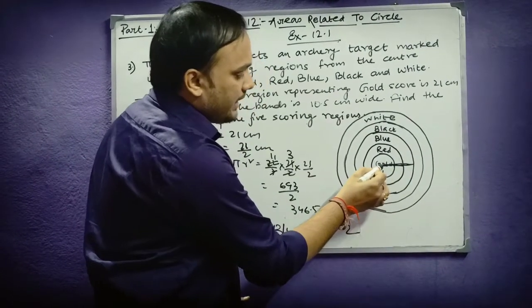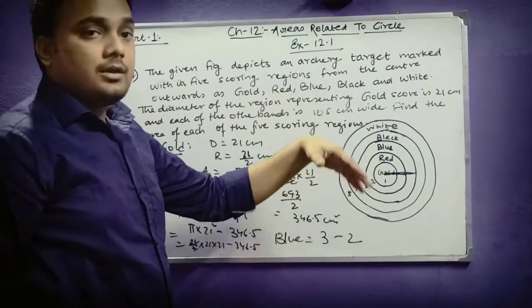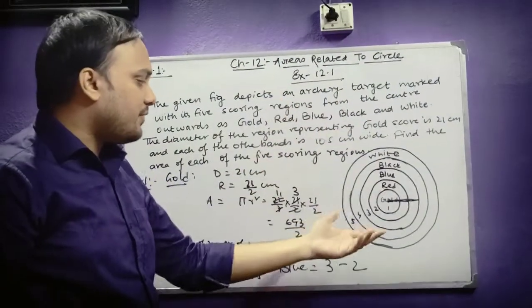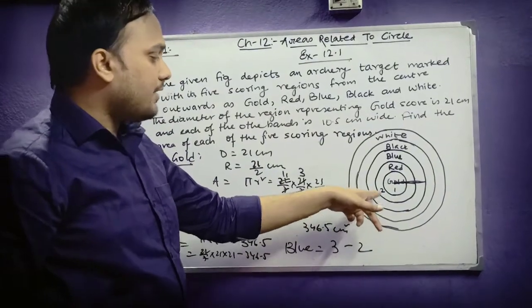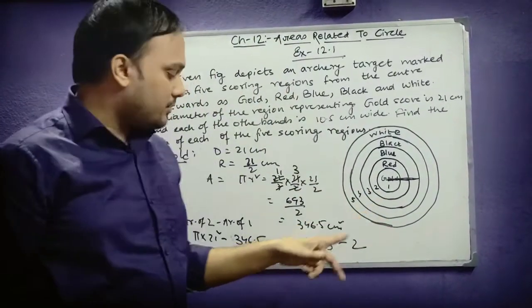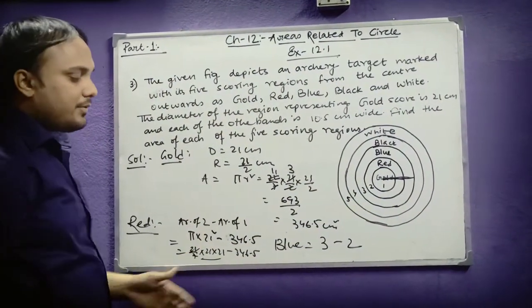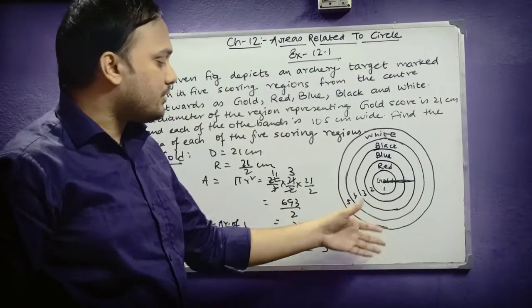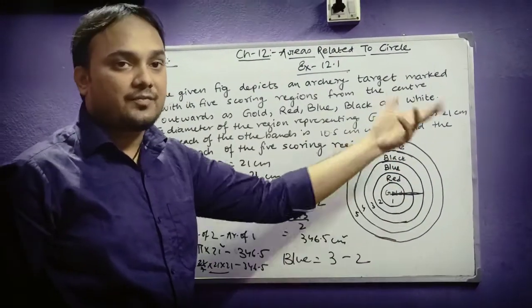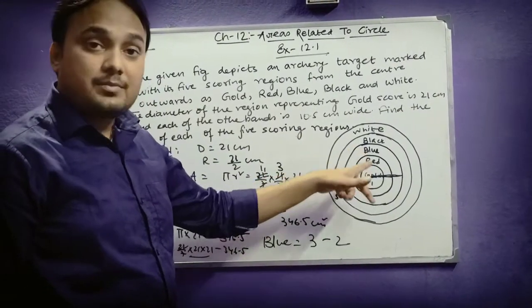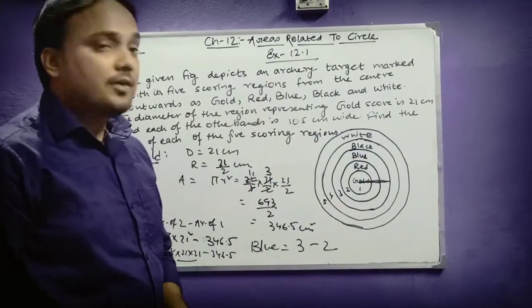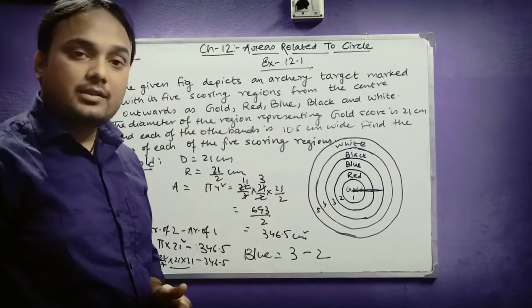Circle number 2, which we have already found, you can find again if you want. It will be pi r square, where the radius will be 10.5 plus 10.5, 21. In this way you will get the area of the blue, and similarly after that you will get the area of black, and then by the same method the area of white.